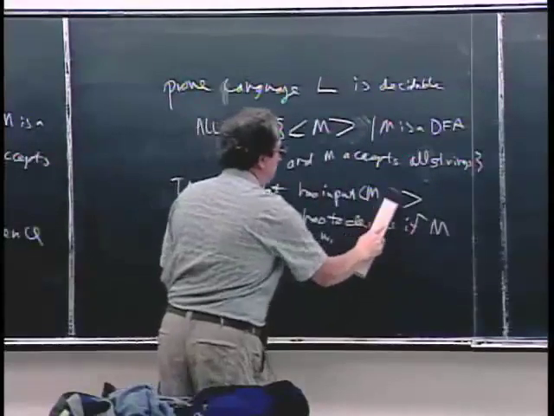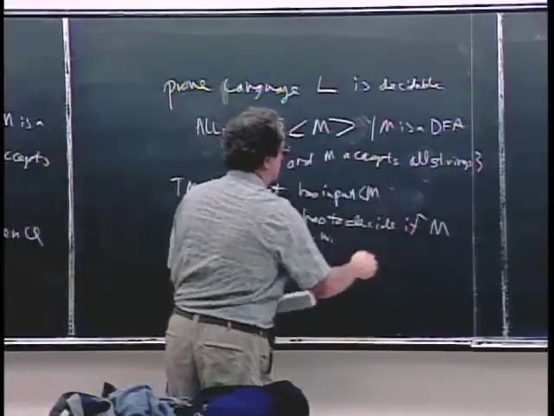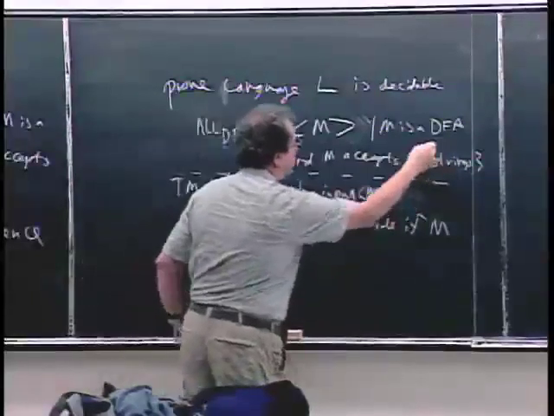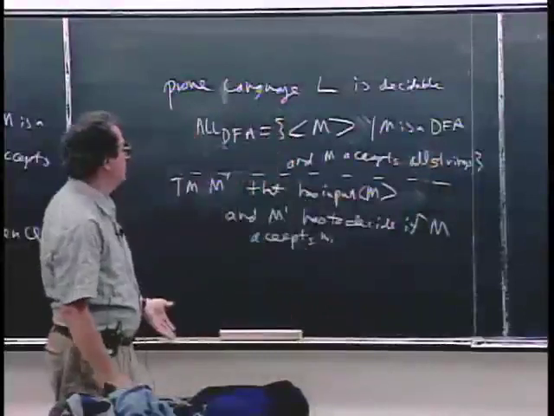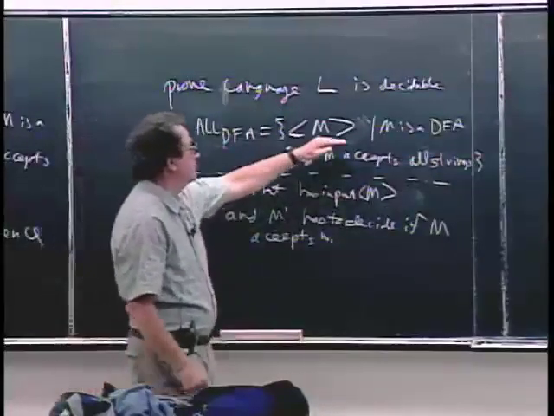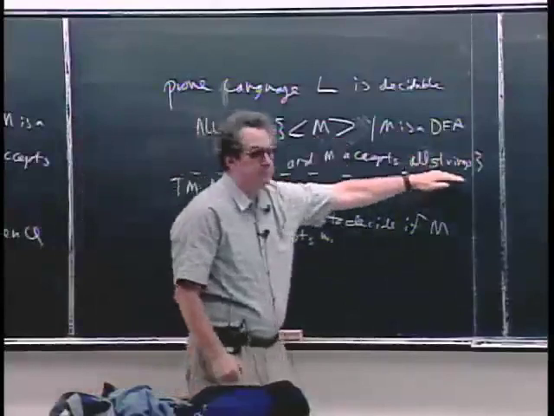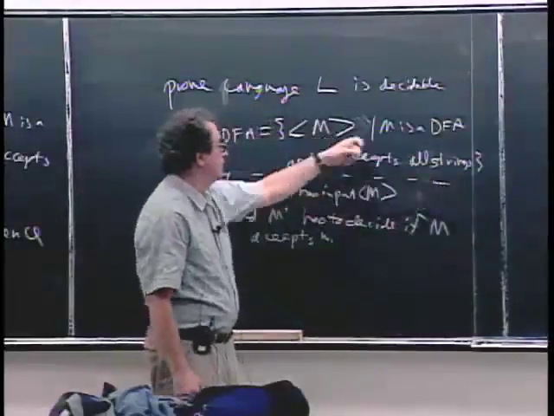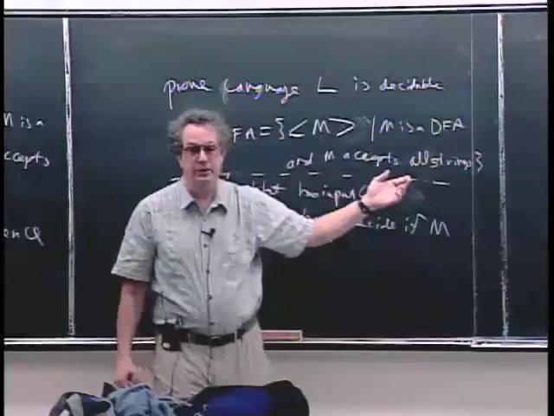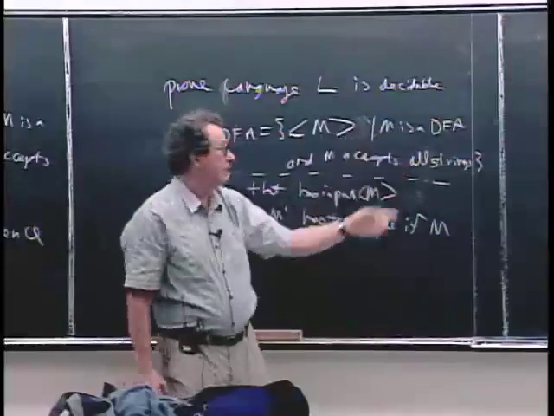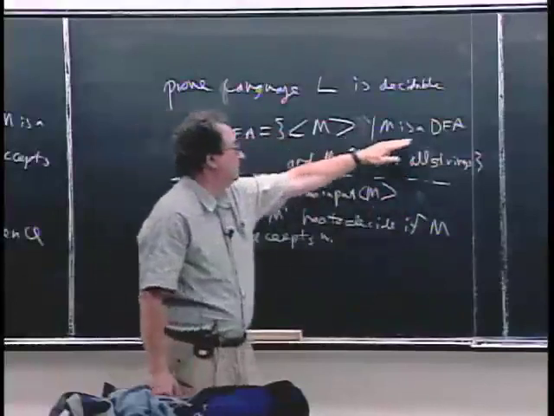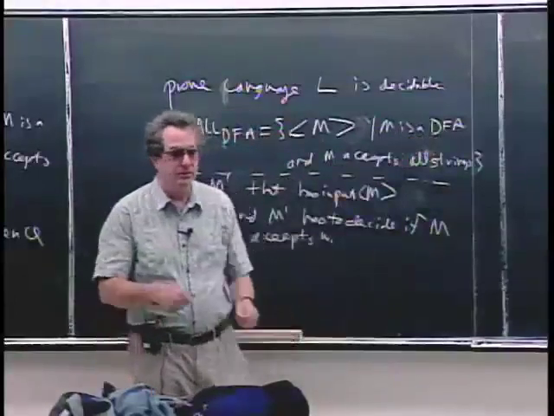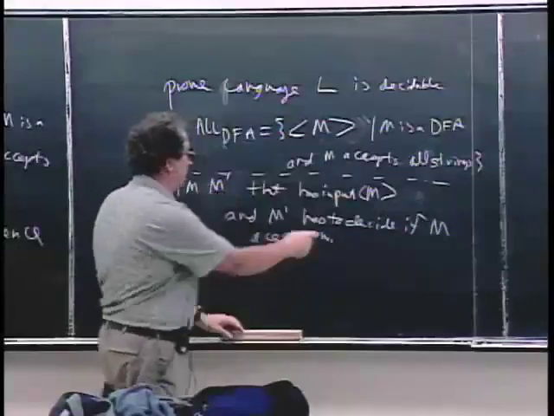So now simulation doesn't make sense anymore for this problem, because what would you simulate? This is a question about all possible strings. Okay? You can't simulate this DFA on all possible strings in order to make a decision about whether the DFA accepts all strings or not. Okay, you can't get your Turing machine that takes in that.